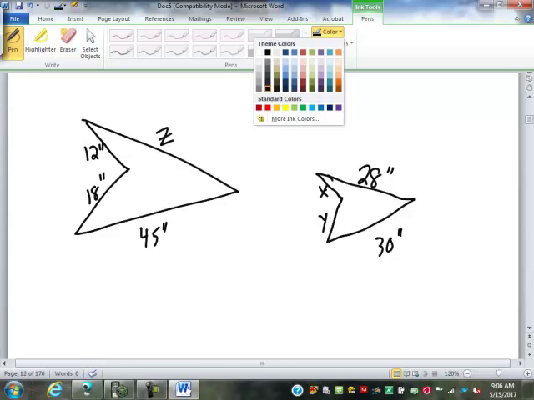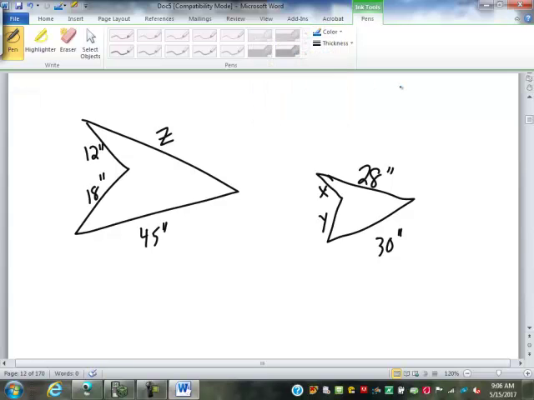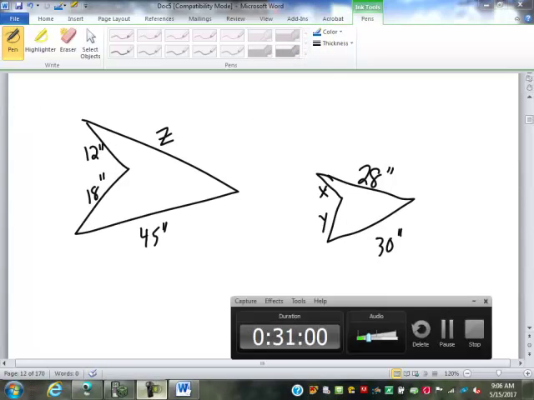How would we find X, Y, and Z? In fact, I'm going to give you a couple minutes to try that in your notes. See if you can remember how to do it.